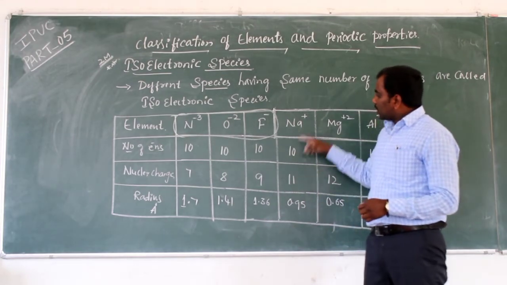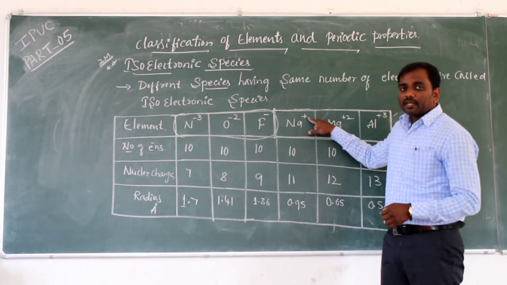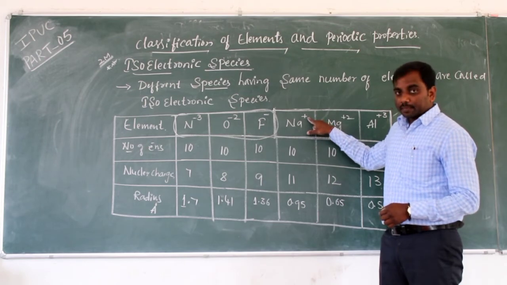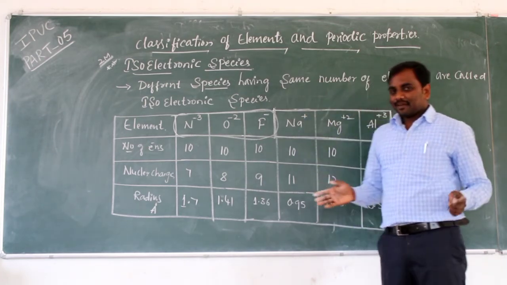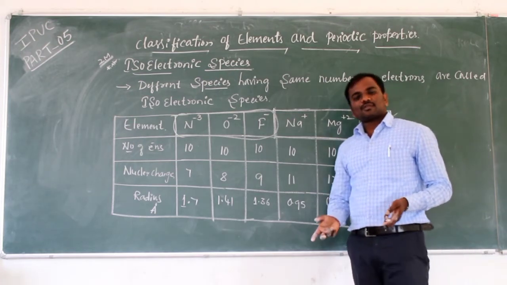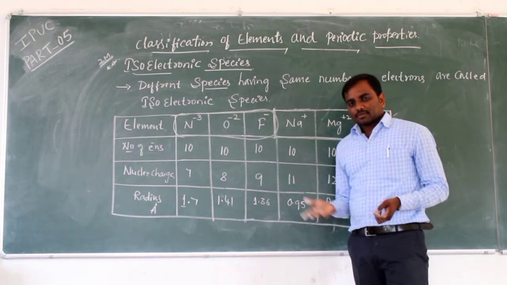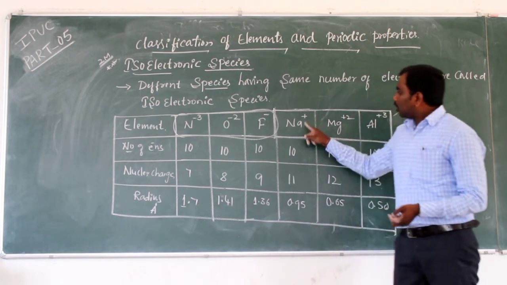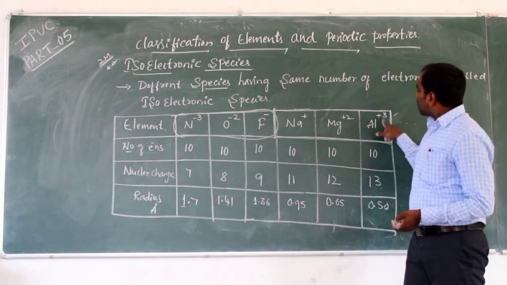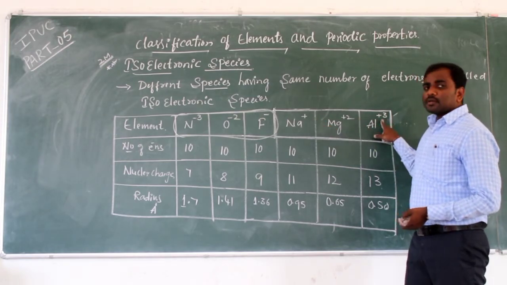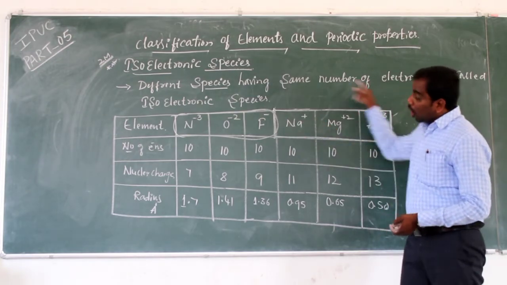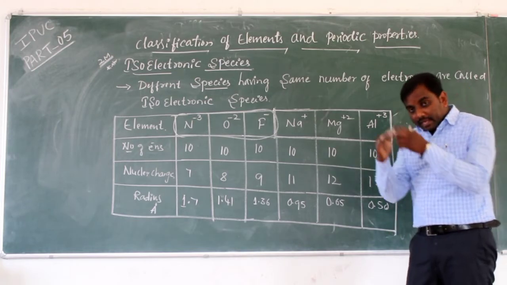Sodium donates and becomes a positive charge. It means the effective nuclear charge. Effective nuclear charge means due to the presence of protons, right? See, here plus 1, plus 2, plus 3. This effective nuclear charge increases.